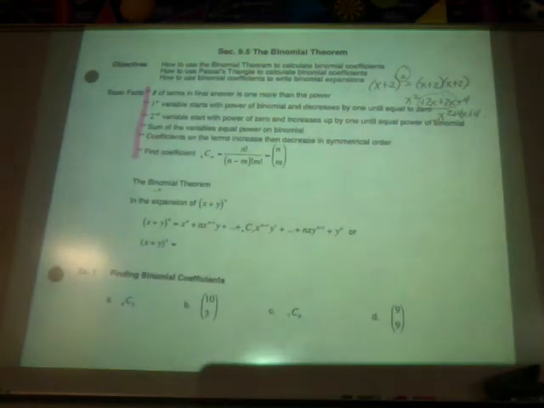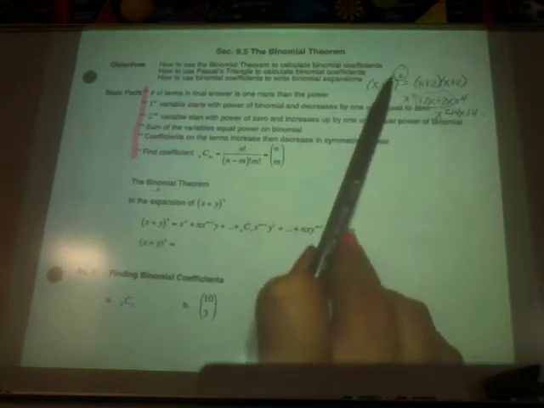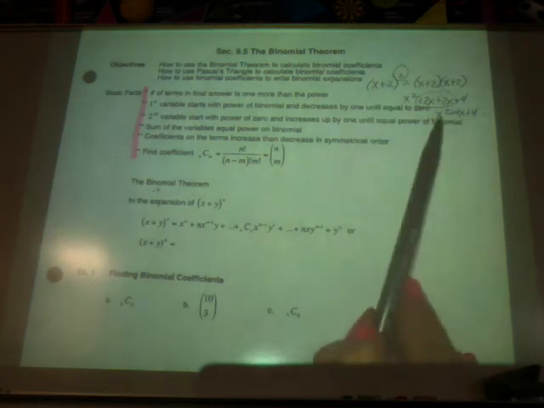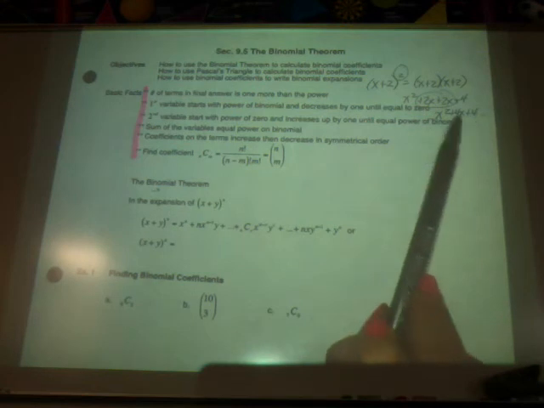Then your first variable always starts with the power of the binomial and decreases by 1 until equal to 0. We'll look at this one. Here's the power of my binomial, right? It's 2, and don't I go 2, 1? Isn't this constant x to the 0? What's x to the 0? 1. So it goes 3, 2, 1.